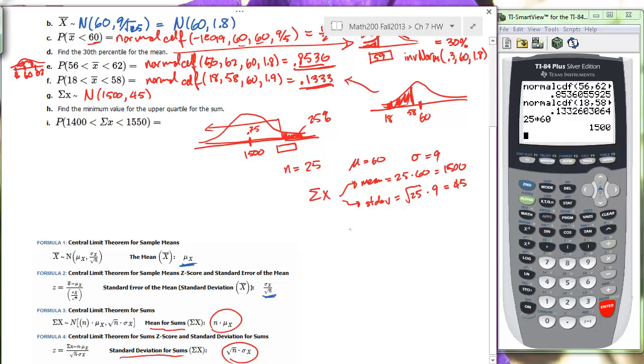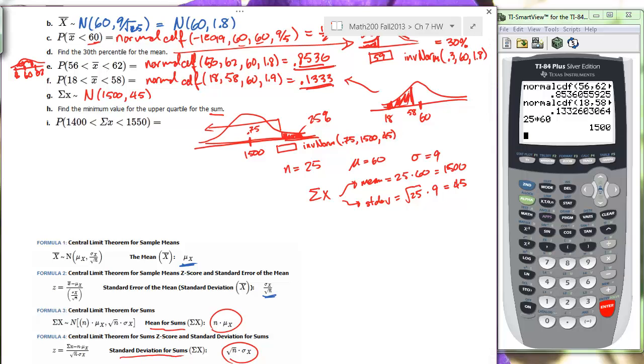So this is going to be an inverse norm problem. Inverse norm, and then we have a 75% and a mean of, remember our mean is not 60 anymore, it's 1500 for the sum, and our standard deviation is 45.